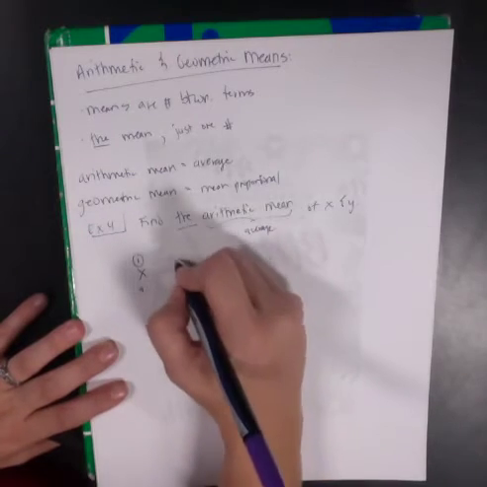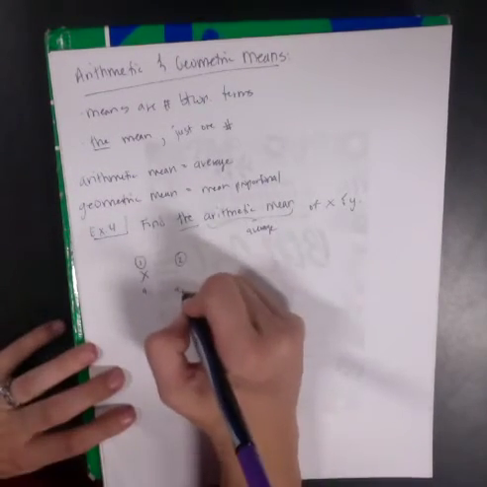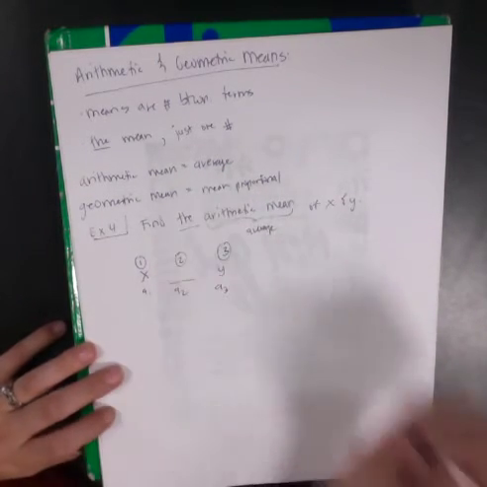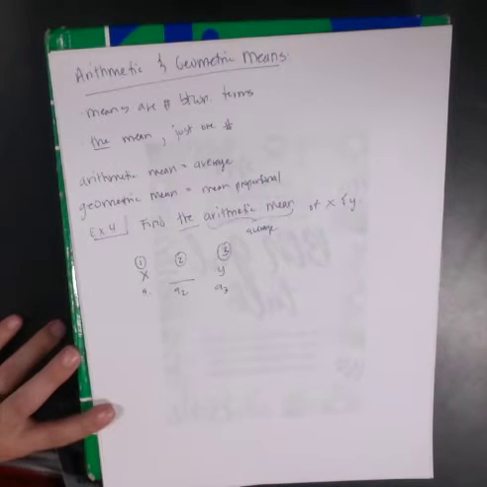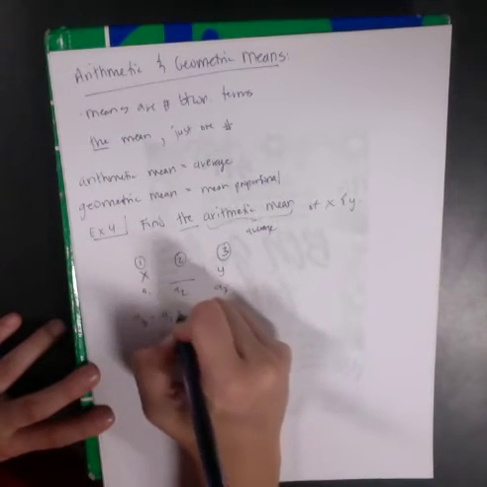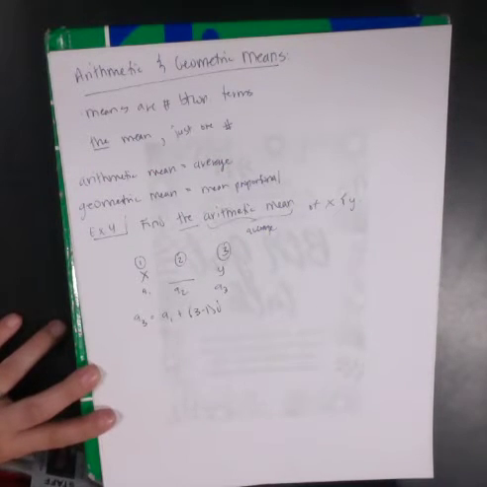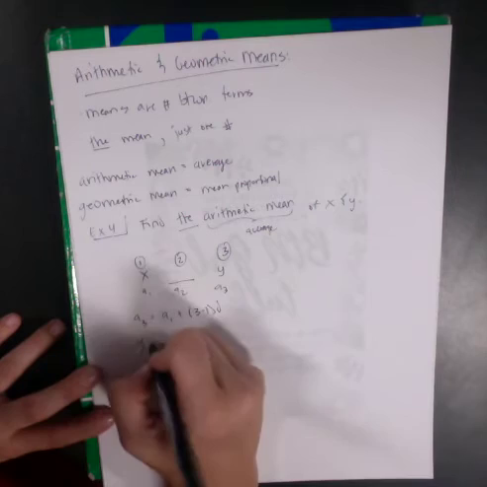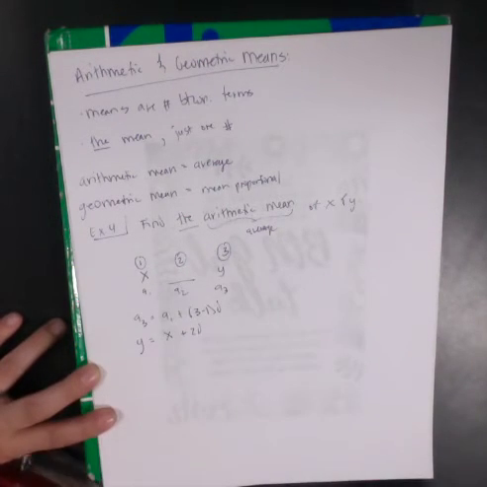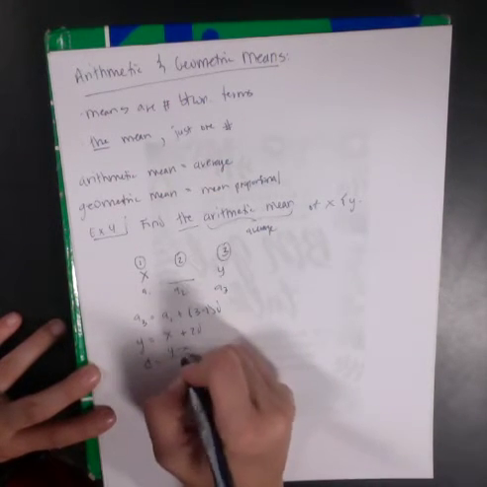The arithmetic mean means I have one more term, which is going to be a2 that I'm looking for, and then I have my third term, which is y, which is a3. Now I remember that a3 is a1 plus 3 minus 1 times d. So a3, which is y, is a1, which is x, plus 2d. So d is y minus x over 2.